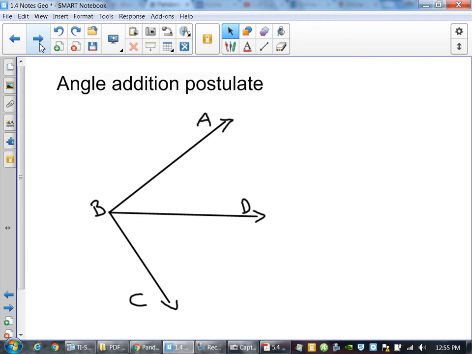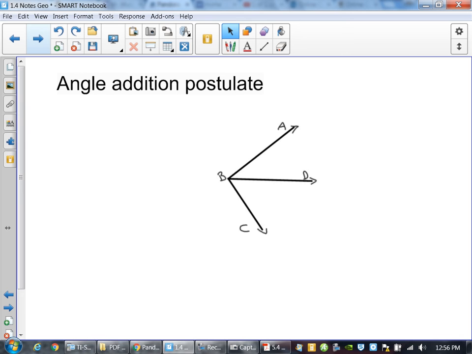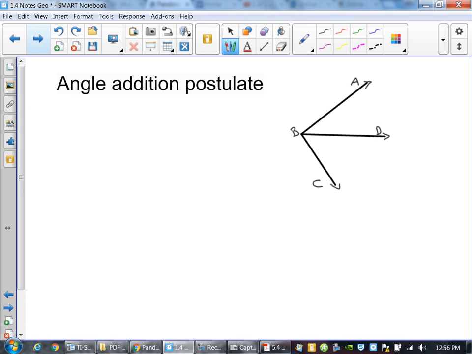I bet you guys remember that segment addition was two smaller segments add together to equal the larger segment, especially when they're collinear, they had to be. So what do you think angle addition is going to do? The exact same thing. Angle addition and segment addition are identical. One has an angle, one has a segment.